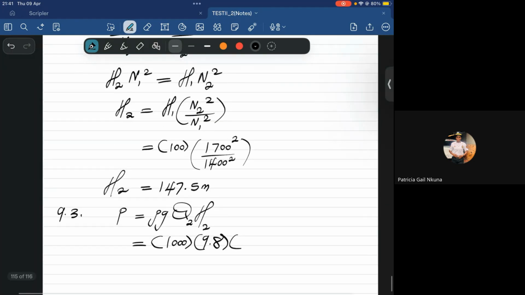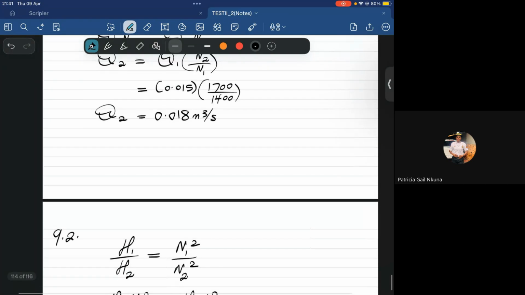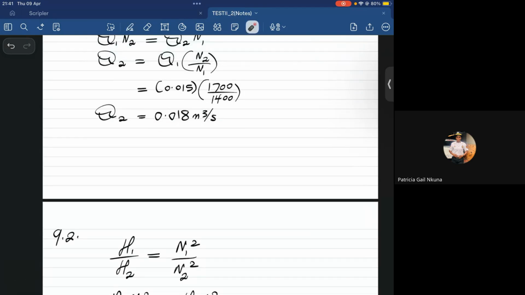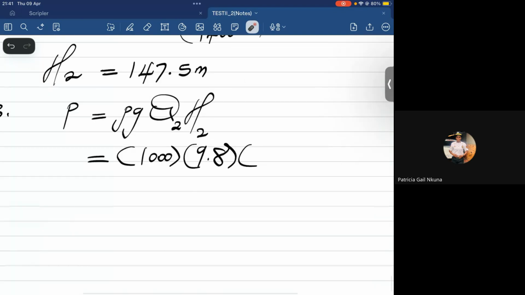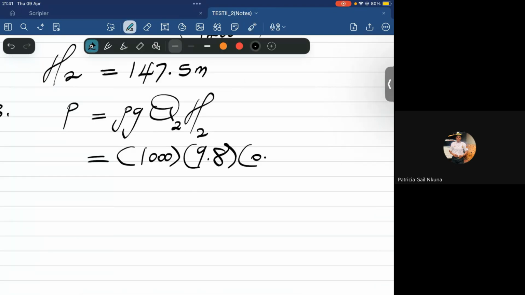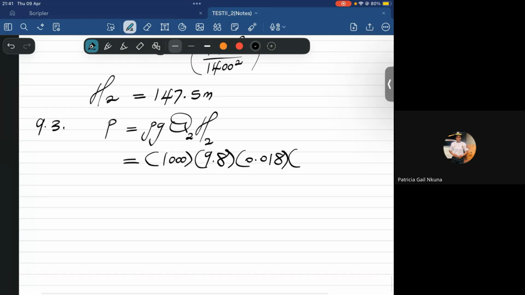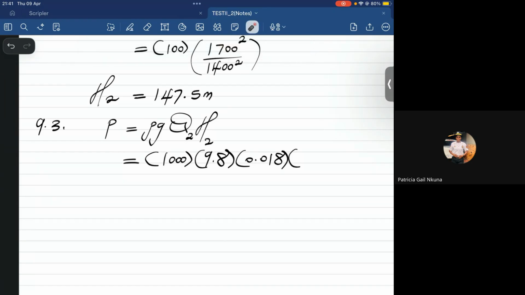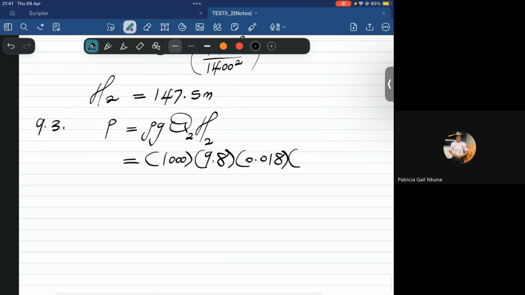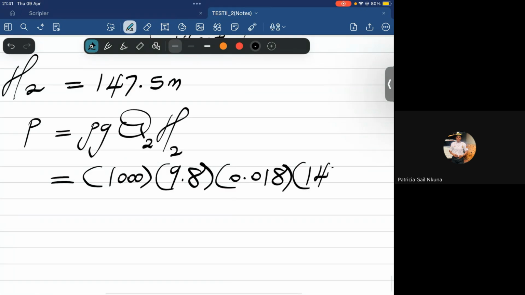Okay, so our new volumetric flow rate is equal to 0.018, whereas the new height is equal to 147.5 meters.